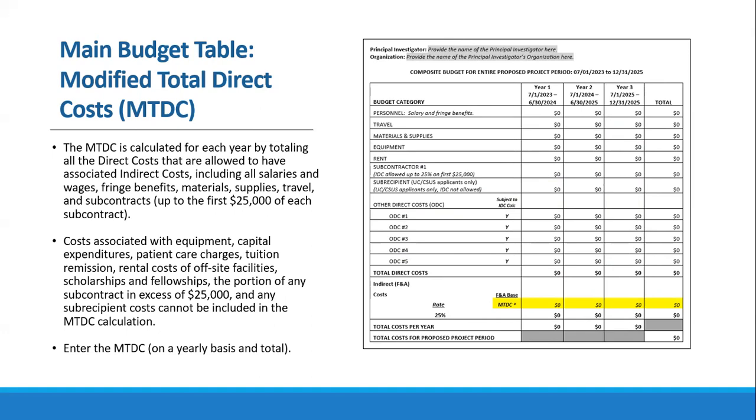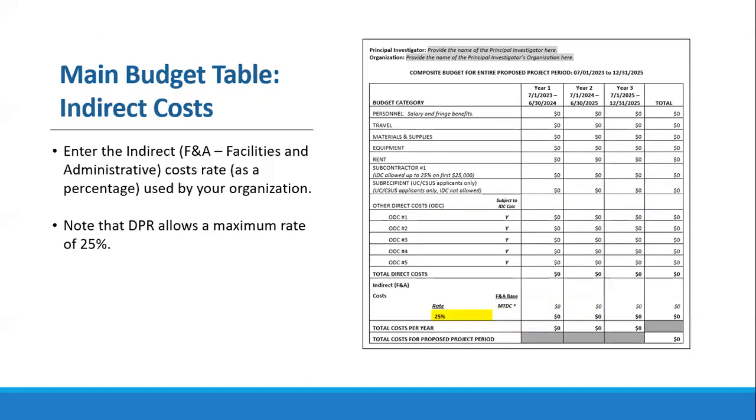Make sure to enter the modified total direct cost in the cells provided there. That's something that we see applicants missing every now and then. So double check that is there, because that is a vital number for us to be able to check your math and make sure that it's accurate. And then indirect costs are calculated off of the modified total direct cost. And I'm just going to repeat that because it's something, again, that people screw up pretty often. The indirect costs are calculated off the modified total direct cost and not the total direct cost.